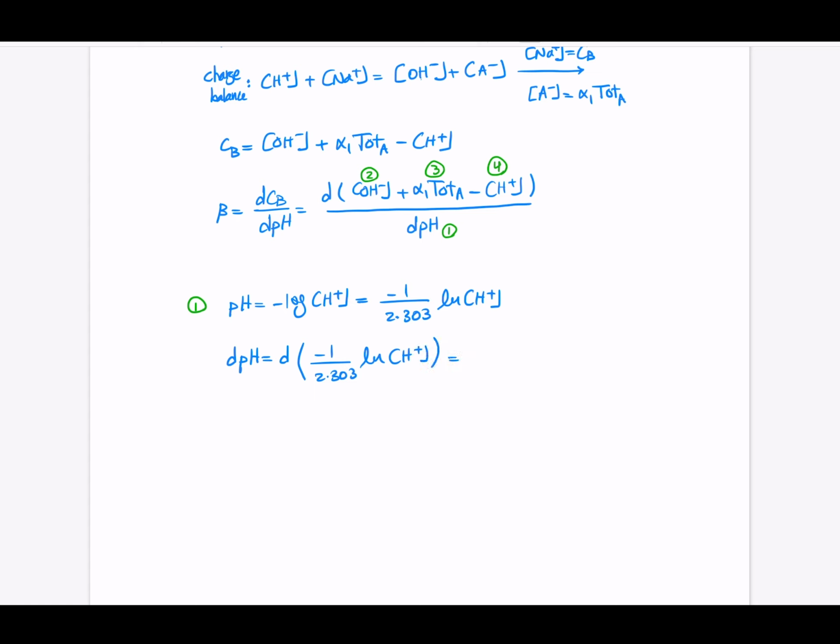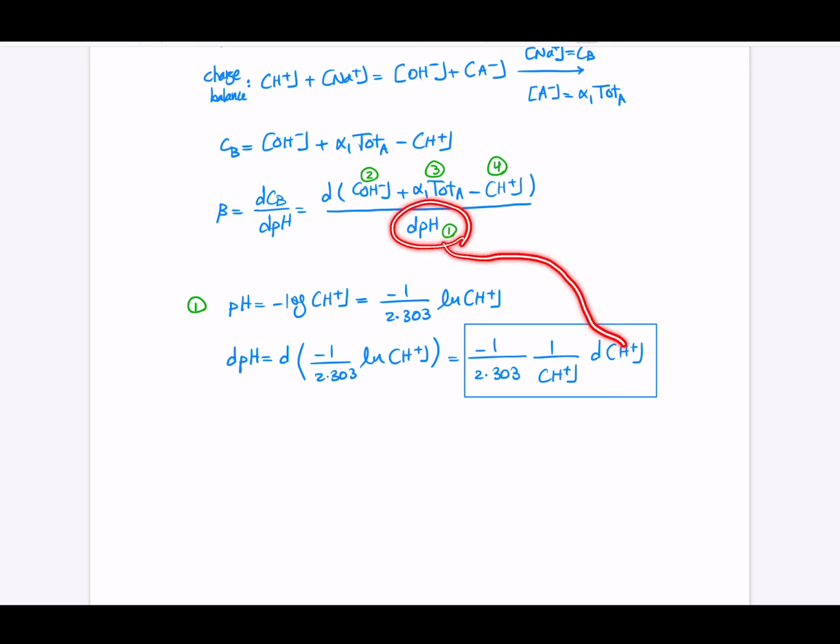And from general mathematics, this would be minus 1 over 2.303, 1 over H plus, d of H plus. Again, if any part of this process is confusing, refer to that file. It's just a mathematical operation from here to here. So now we know how to expand this to bring it in the form of dH plus. dPH was a little bit tricky to work with. We just simplified it to dH because eventually all of this is H dependent, not pH dependent, mathematically speaking.